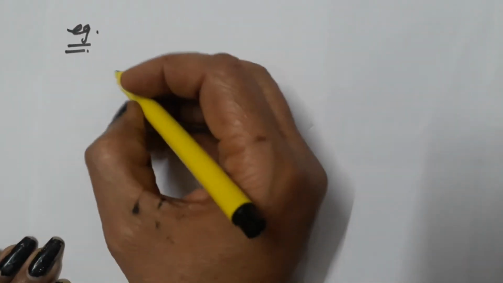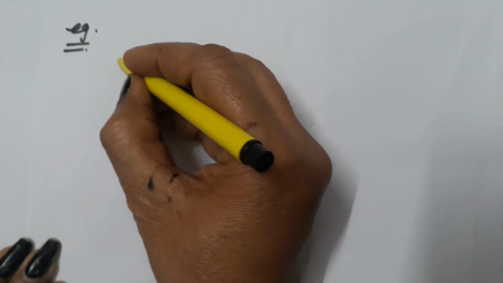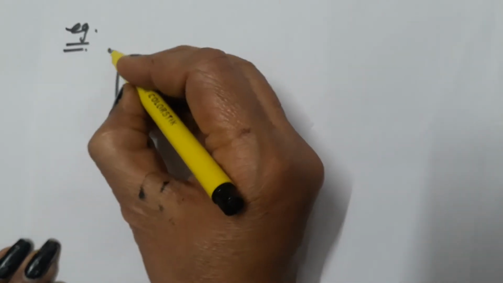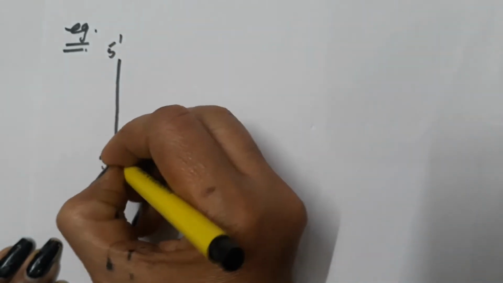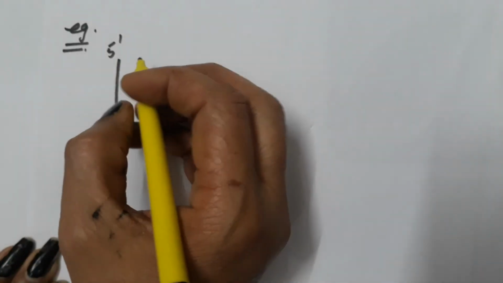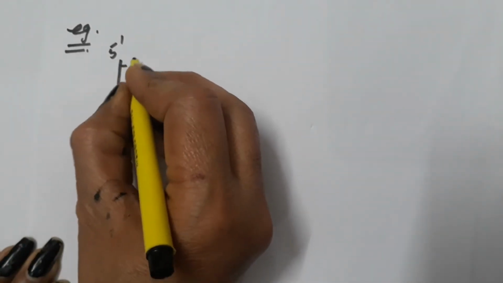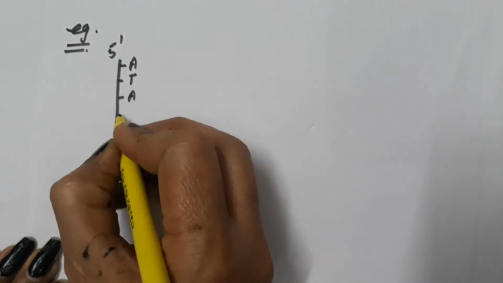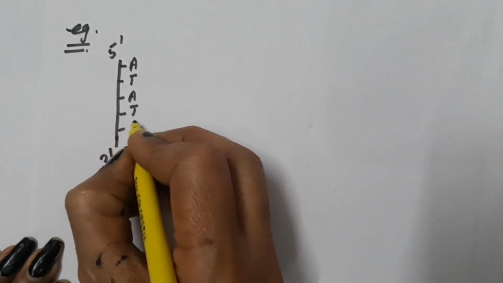Here I am going to draw the structure of one strand of DNA, showing the polarity 5' to 3'. What are the base sequences present on this strand? A, T, A, T, G and C.